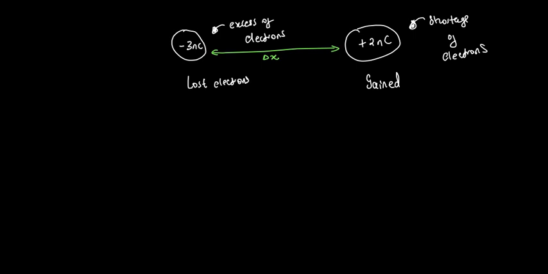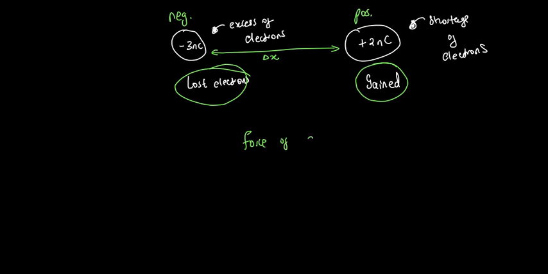As they are at a certain distance, you must understand that because one has gained electrons and is negatively charged, and the other has lost electrons and is positively charged, there is some force of attraction between them.